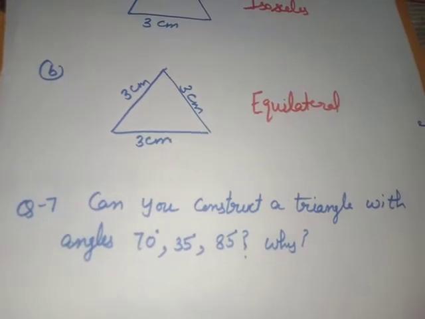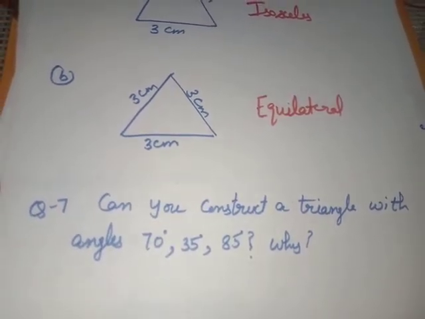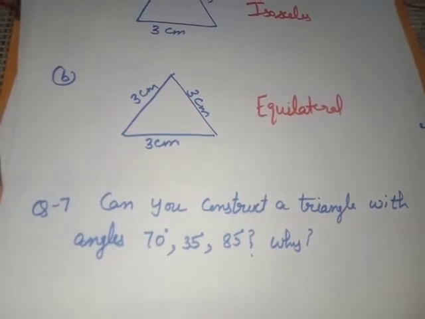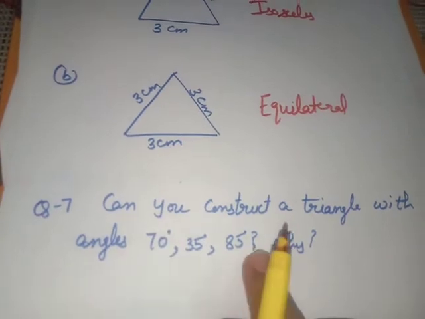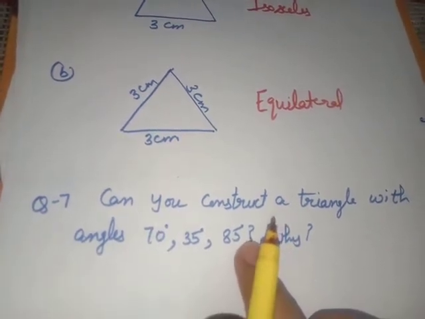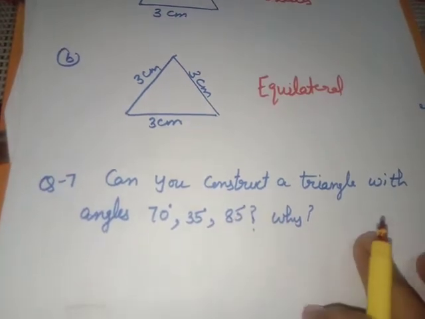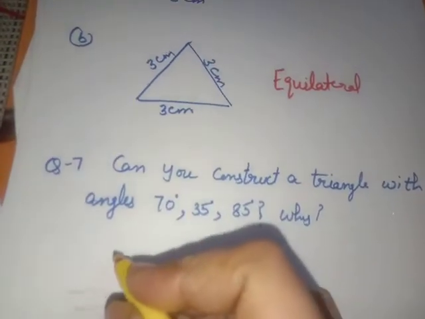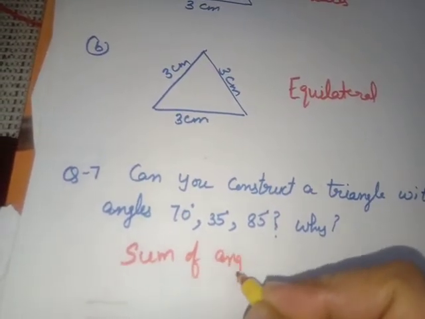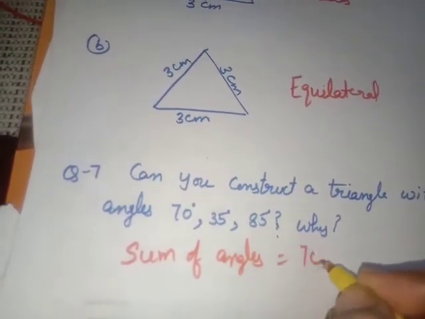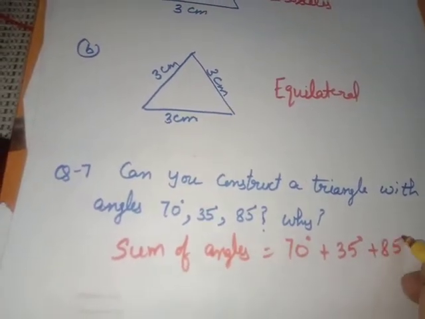Can you construct a triangle with angles 70 degree, 35 degree and 85 degree? Why? When the angles are given, how can we check whether it is possible to construct or not? Yes, by checking the sum of angles. So here the sum of angles is 75 plus 35 plus 85.